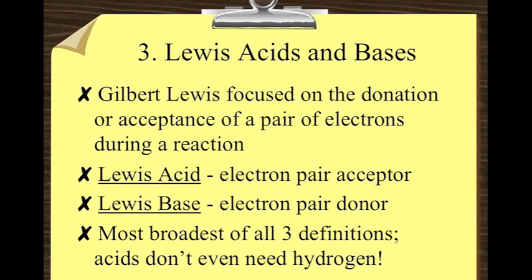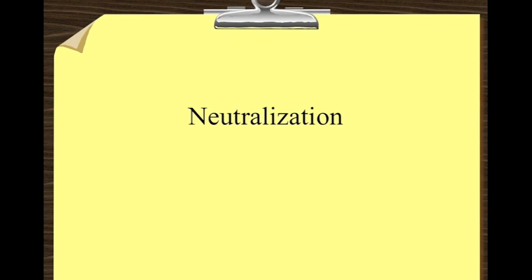Lewis bases donate an electron pair. A Bronsted-Lowry base accepts a proton or accepts a hydrogen. Remember that Lewis is the broadest of all the three definitions.